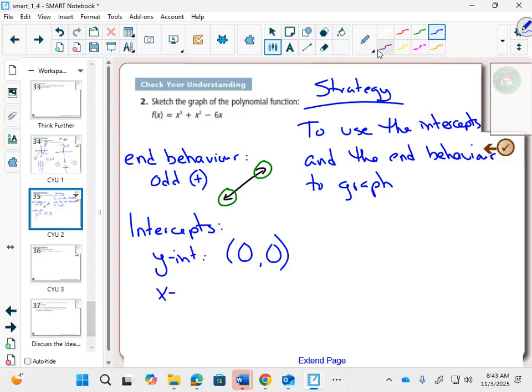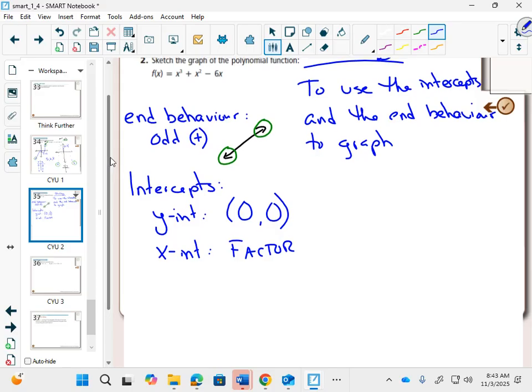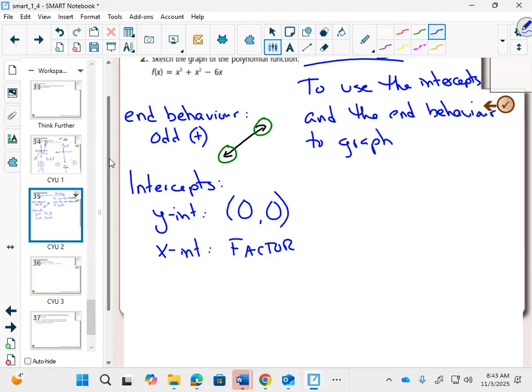For my x-intercepts, we have to factor. And this one is actually this example that we're doing right here. We're going to look at the one that the textbook has done as well, because this one's actually too easy. We don't even have to use synthetic division, long division, factor theorem, or the remainder theorem to figure this out. This one is so easy because there's a common factor of x.